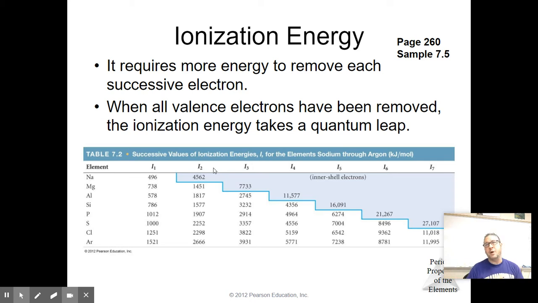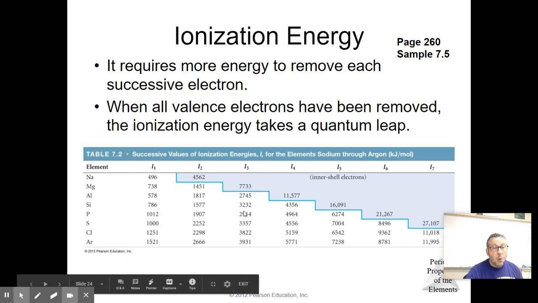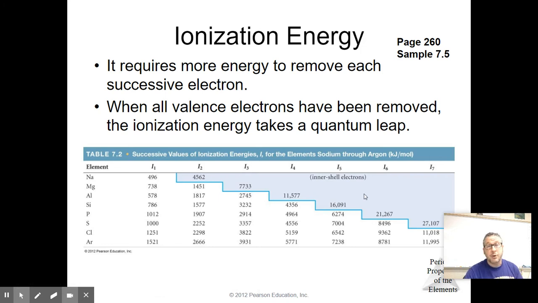They don't like to go anywhere, and they are going to put up a fight. So the likelihood of you actually removing a core electron is very minimal. That's why you see these quantum leaps of energies required to remove electrons. It's because you're now dealing with core electrons, and that's a big deal.